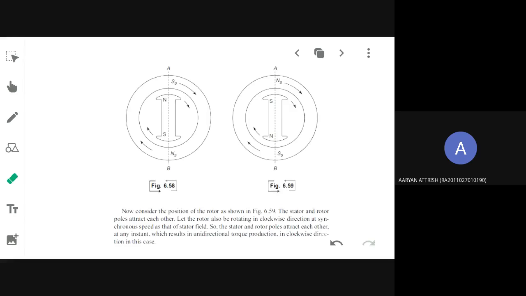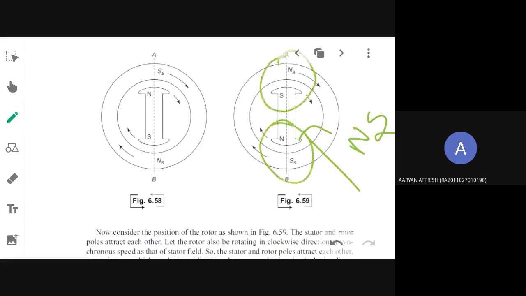So what you need to do is rotate the rotor. The rotor should be rotated at a synchronous speed by some mechanism, and then you have to always have this position only. You have to make the rotor come to a position where both poles are in attraction. Always attraction.